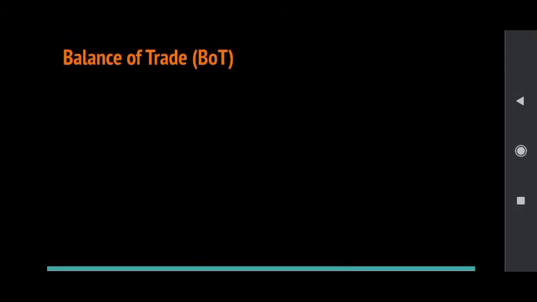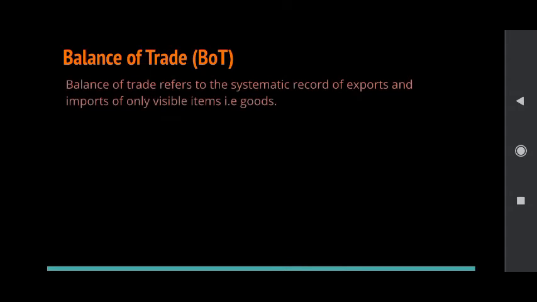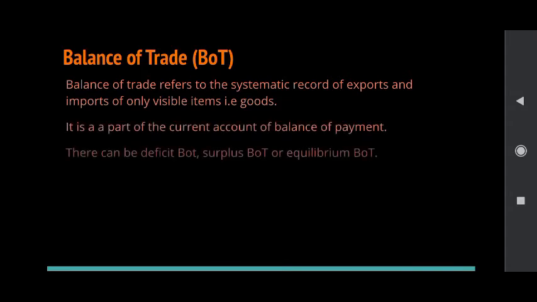Now, there's another term which is a narrower concept of balance of payment. It is balance of trade, BOT. It simply records the exports and imports of visible items or physical items or merchandise goods, as the name suggests. It is a part of the current account of balance of payment, and it can be deficit, surplus, or even equilibrium.